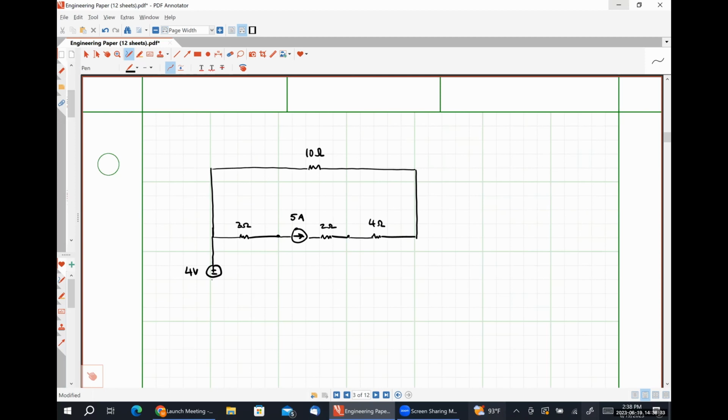Here we have a 4-volt source, a 2IX volt source, and a 5 ohm resistor here. Our current IX is the current flowing up. And then let's put a 6 amp source directed down over here.